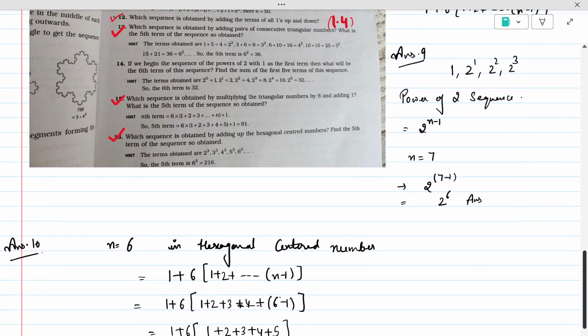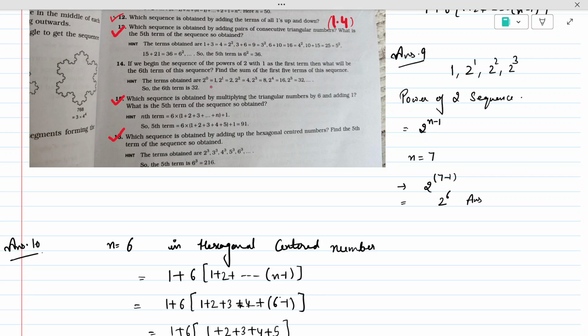Let's pick that question. If we begin the sequence of power of 2 with 1 as the first term, what will be the sixth term of the sequence? Okay, again, this is very easy. Again, we are talking about power of 2. And in this case, we have to find the sixth term. So, sixth term will be 2 raised to the power 6 minus 1.